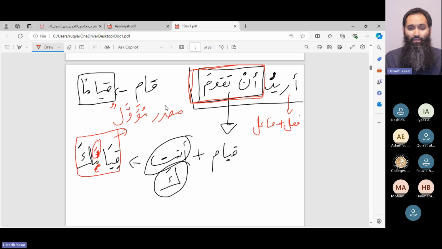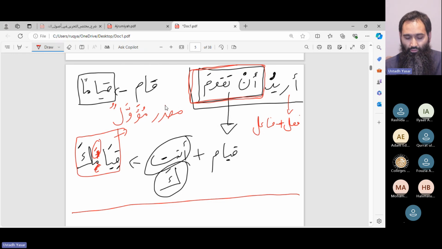That's what it's called. Now the masdar mu'awwal sometimes can be marfu', can be mansub, can be majrur, depending on what position it has in the jumla, what comes before it, and so on and so forth. Yeah? So this is step by step.